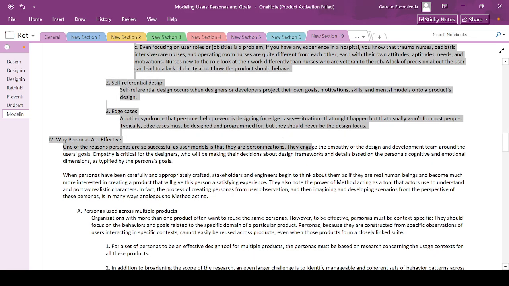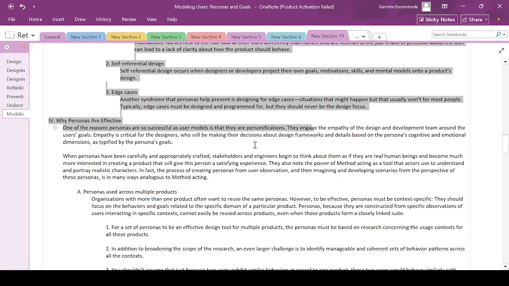Nurses new to the role look at their work differently than nurses who are veteran to the job. So that's the different stages of life and different choices. So a lack of precision about the user can lead to a lack of clarity about how the product should behave.